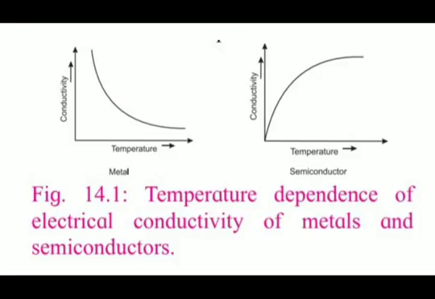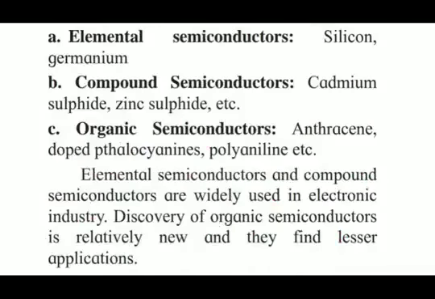So variation of electrical conductivity of semiconductors with change in temperature is a very useful property and finds applications in a large number of electronic devices. The classification of semiconductors can be: elemental semiconductors like silicon and germanium, then compound semiconductors, that is cadmium sulfide, zinc sulfide, etc. And third, we have organic semiconductors.